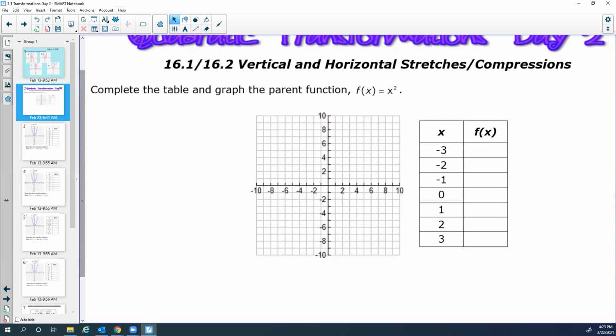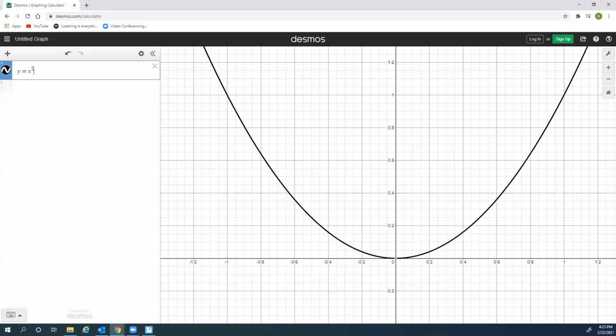First off, you want to go ahead and pull up Desmos and graph it in that calculator, and then make a sketch on your paper for me. I was graphing it in Desmos. Here is what it would look like.